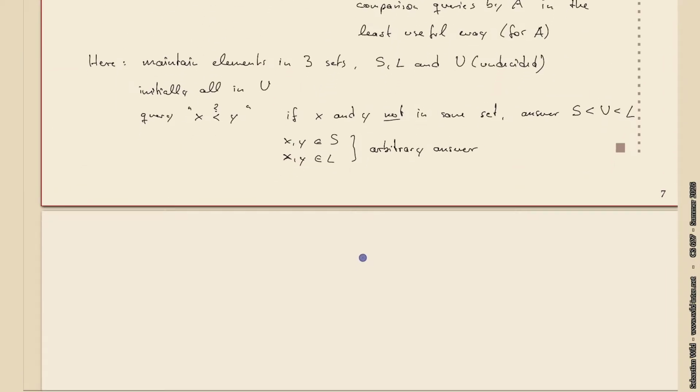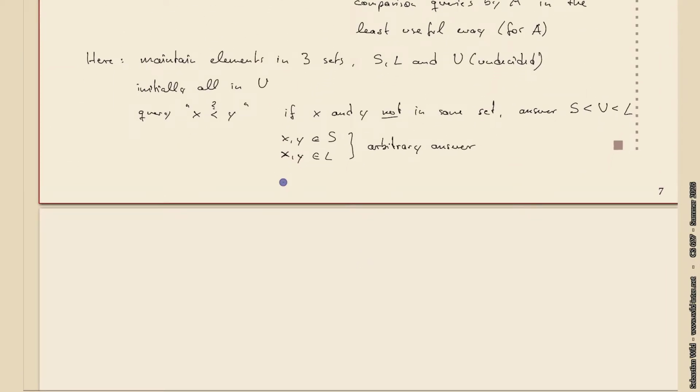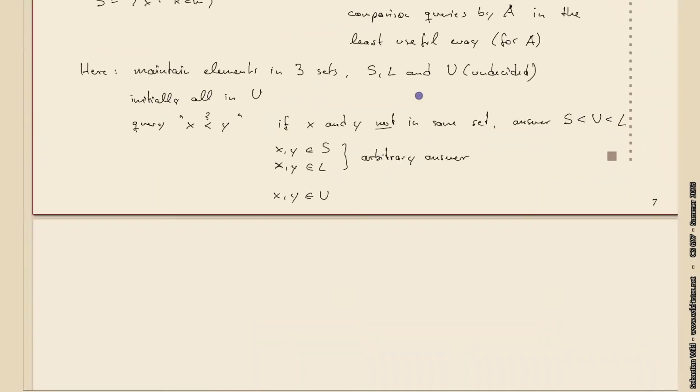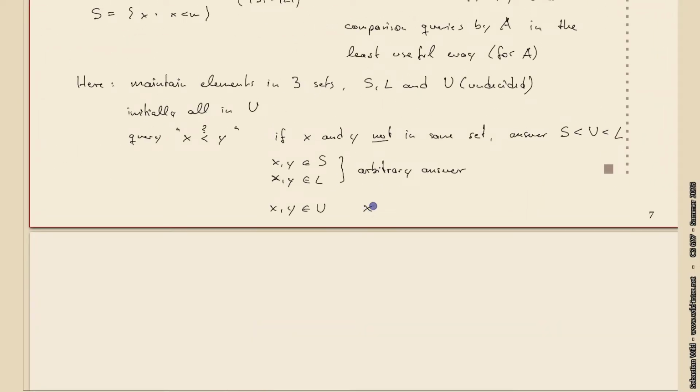And the last option that still is possible is that they are both in U. Okay. In this case, we say arbitrarily that one is smaller, one is larger. And now we put x in the small set and y into the large set.